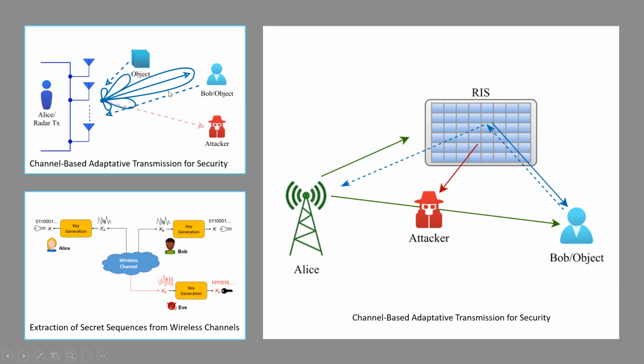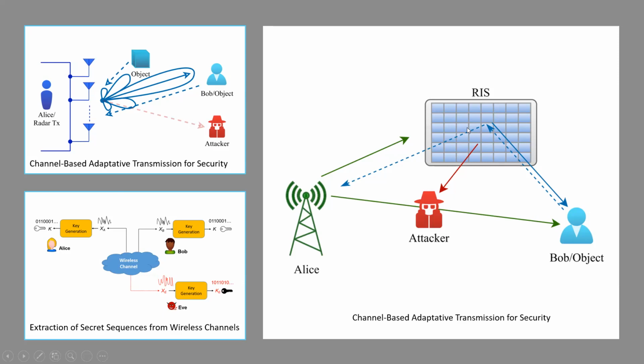Other physical layer security techniques include channel-based adaptation techniques, in which the legitimate transmitter adapts the transmission based on the requirement of the legitimate node to provide security. For example, beamforming based techniques.